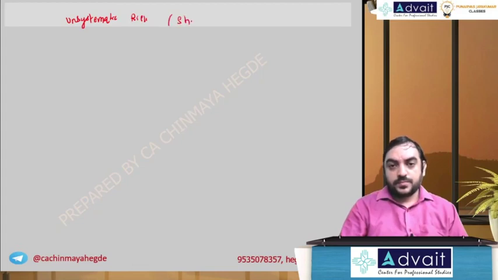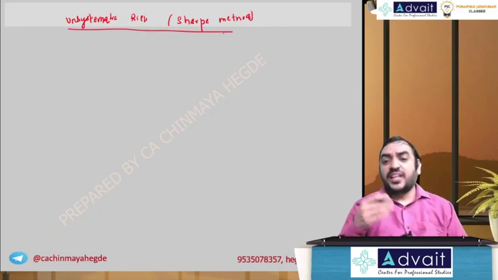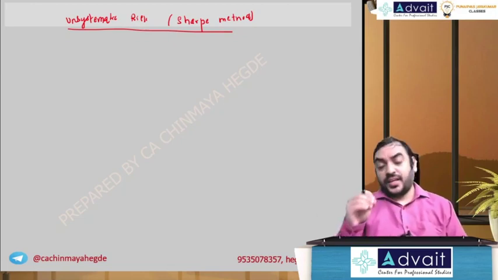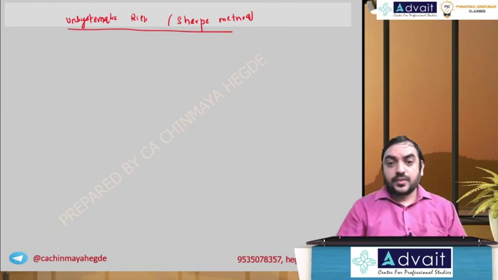Sharpe method. Okay. So what does this method will tell you? We have to first of all calculate unsystematic risk for each security separately. Then you can combine it. So we are going to do in a columnar approach.